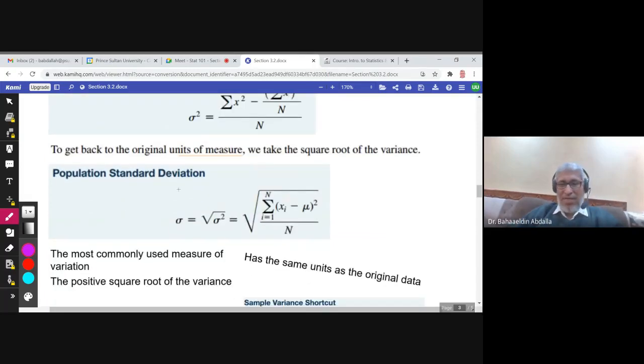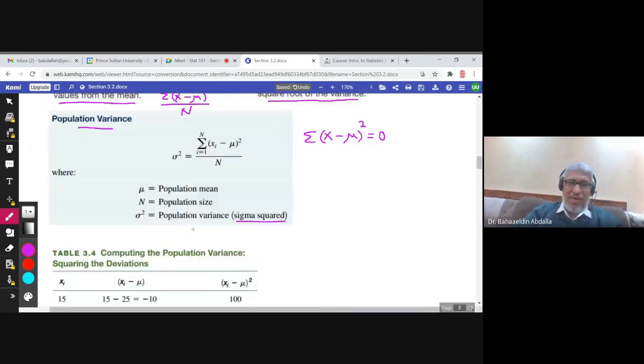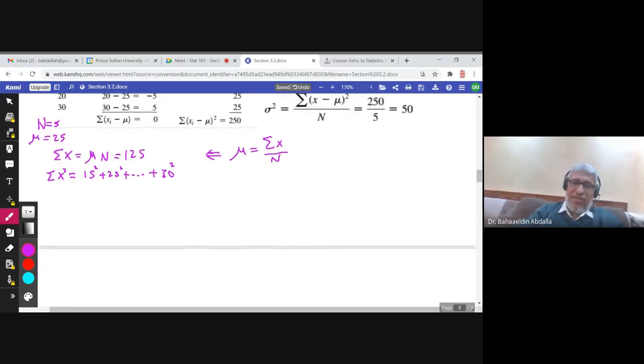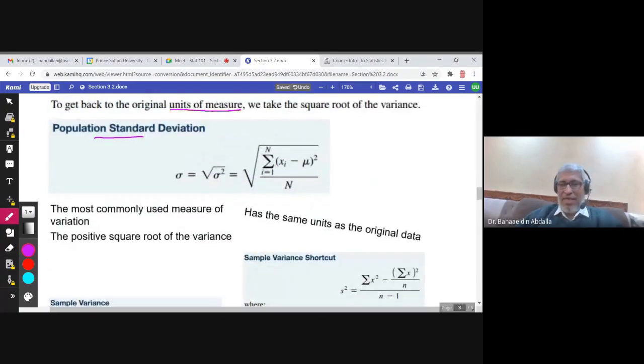The population standard deviation would be sigma, the positive square root of sigma squared, and it will have the same units of measure as the data. Remember, the data here were 15, 25. When you squared them, you are not using the units of measure of the data anymore. So if you take the square root of the variance, you get the standard deviation, which has the same units as the original data.